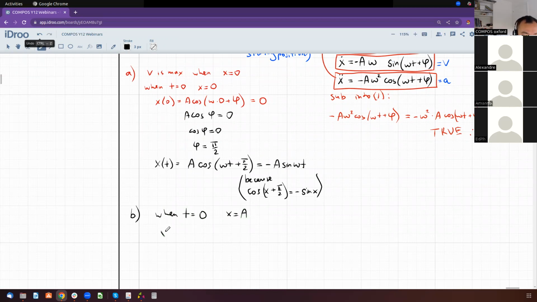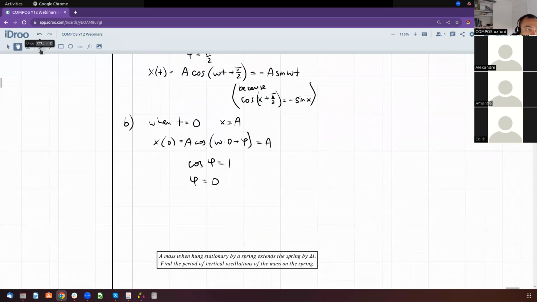That means that x of 0 is equal to a cos omega times 0 plus phi equals a. So that means cos phi is equal to 1. So phi is equal to 0. So the equation becomes x of t is a cos omega t.